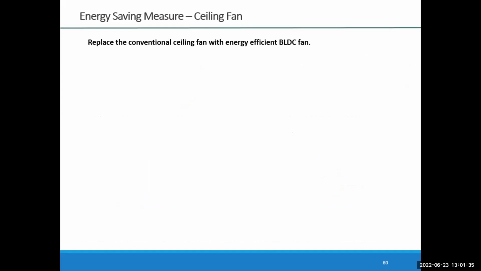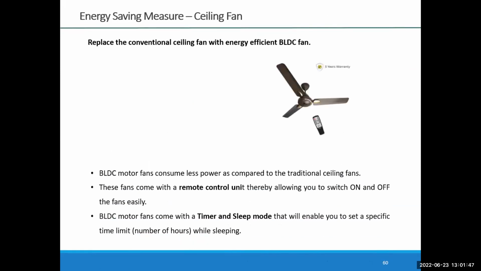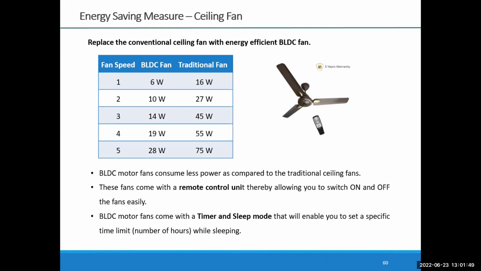So as a first energy saving opportunity for ceiling fans, the present technology improvement in ceiling fans is brushless DC motor fans. Brushless DC motor fans also look similar to a normal ceiling fan, but the amount of energy consumed in these brushless DC fans is almost 50% less when compared with the traditional fan.